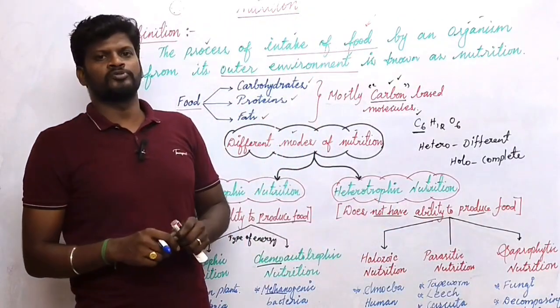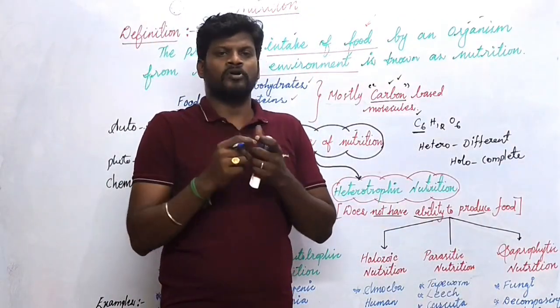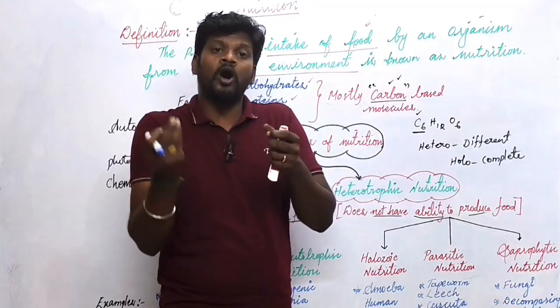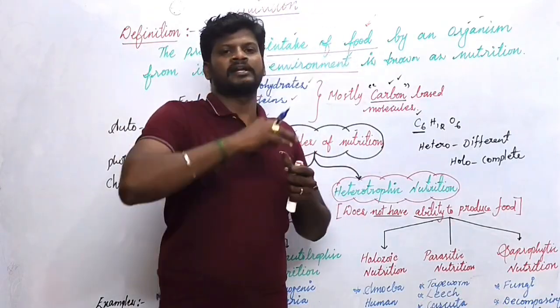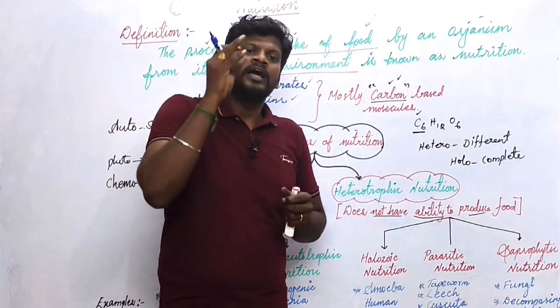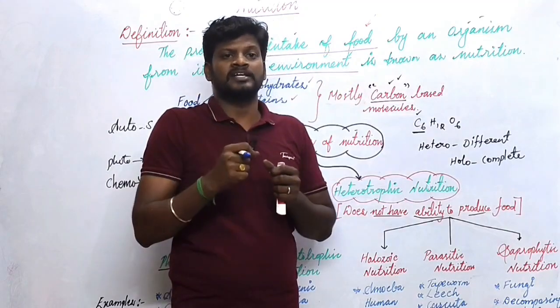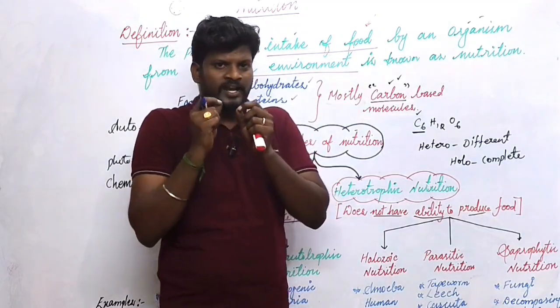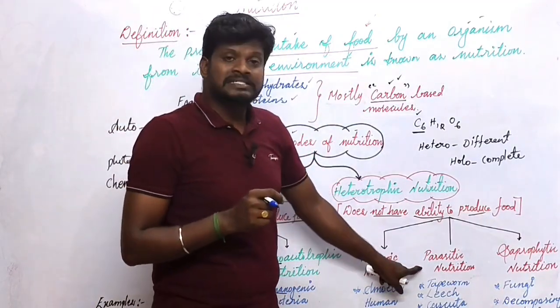Coming to the second mode of nutrition, parasitic nutrition. In this mode of nutrition, certain organisms live on other living organisms, and they obtain energy from that organism without killing them. This kind of nutrition is parasitic nutrition.